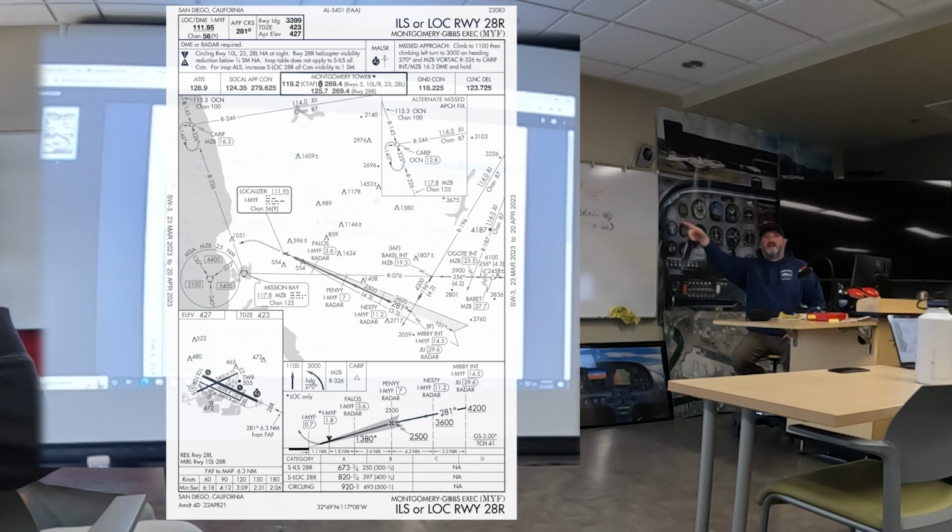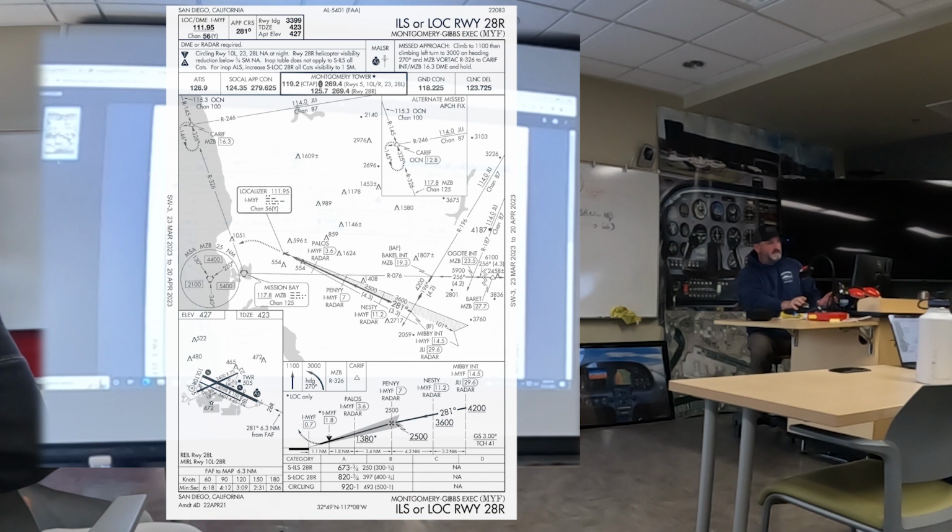This approach plate has both a non-precision approach, localizer only with no vertical guidance, and a precision approach, ILS, if the lateral and the vertical components are usable. So it becomes what approach? An ILS, instrument landing system, which has both up and down, left and right.